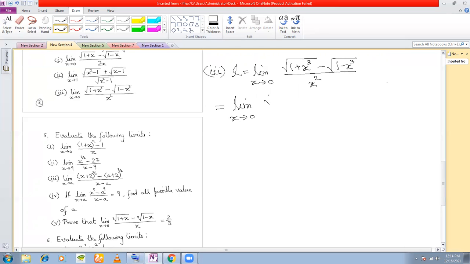Okay. You multiply the numerator and denominator by root 1 plus x cube plus root 1 minus x cube. Right.